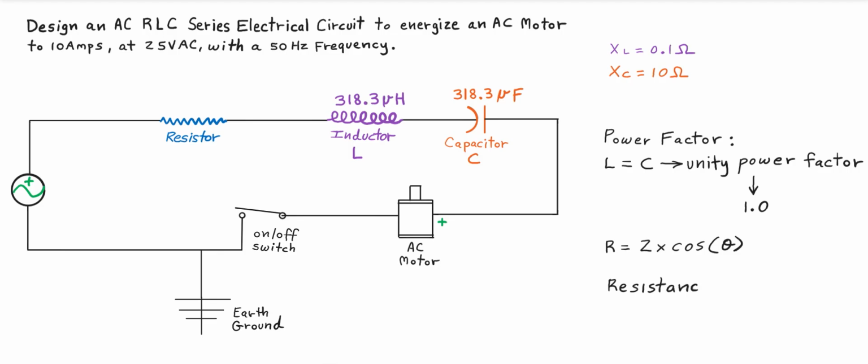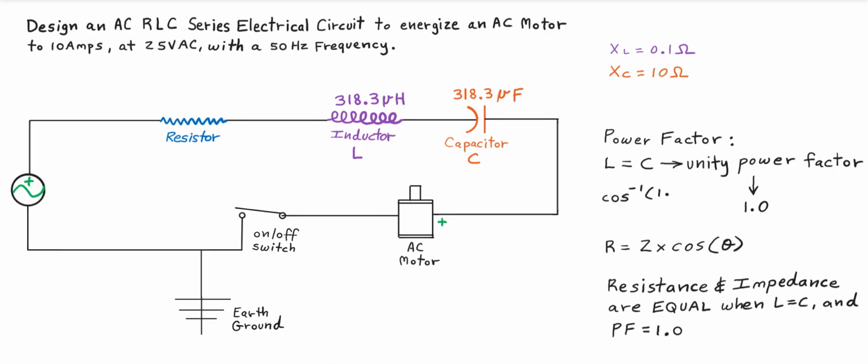So now all we have left is to solve for the resistance, which is the product of the impedance times the cosine of the phase angle. So if we get the inverse cosine of the power factor, we get the phase angle across the voltage and current sine waves. So inverse cosine of a power factor of 1 is 0 degrees phase angle.